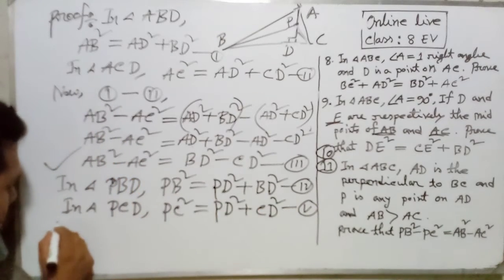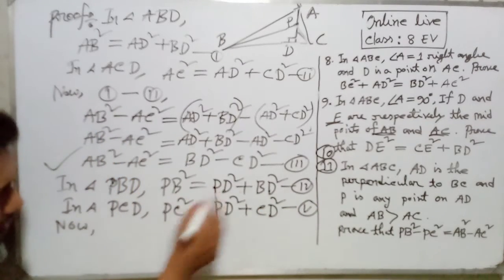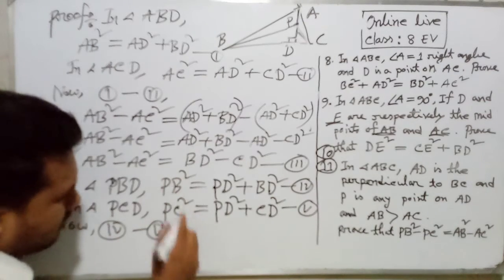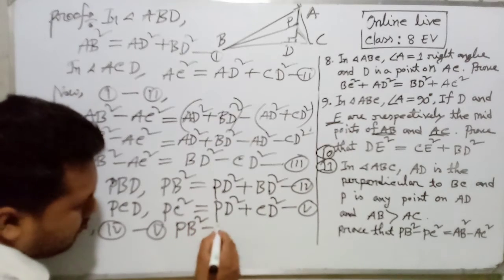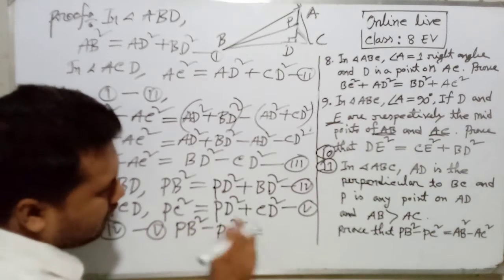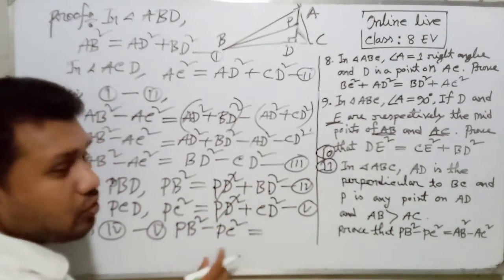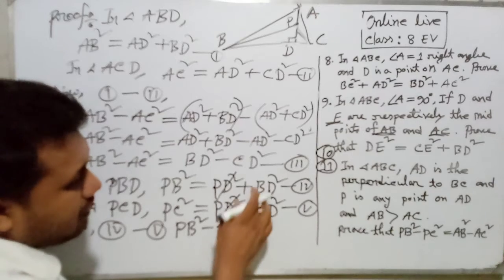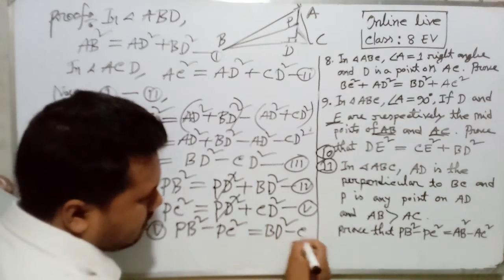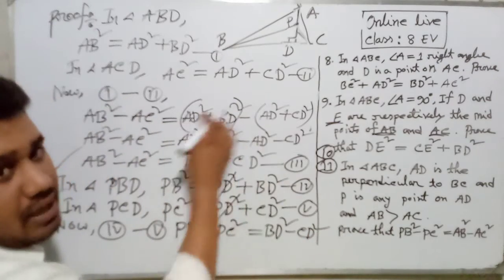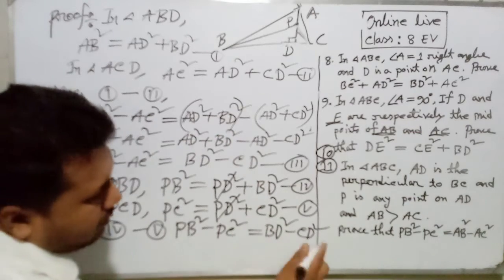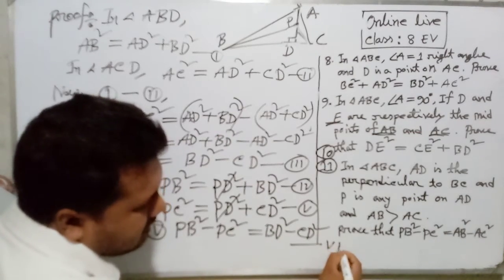Now if 5 is subtracted from 4, then it will be PB square minus PC square equal, look, PD square and PD square cancel. Now it will be BD square minus CD square. Similarly I can write the details. Clear?